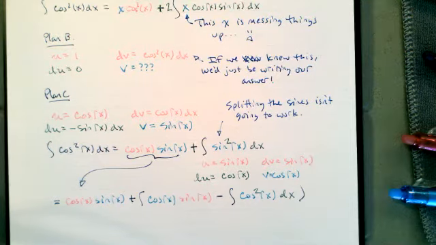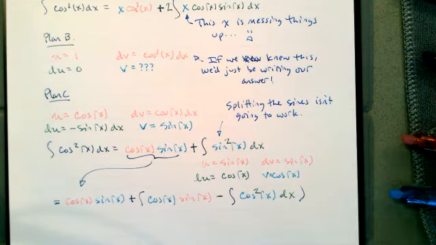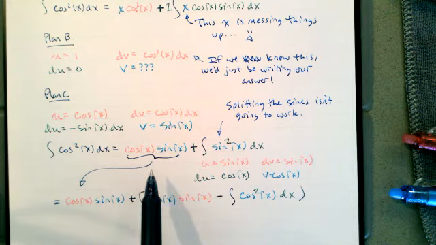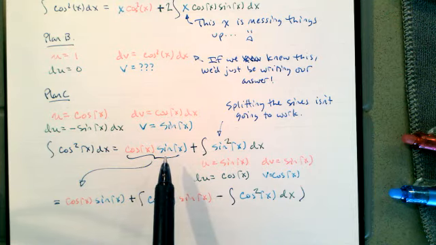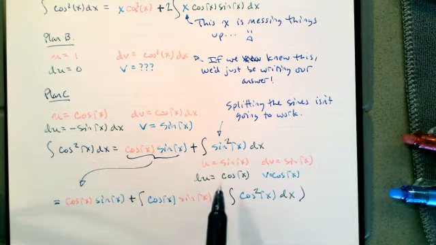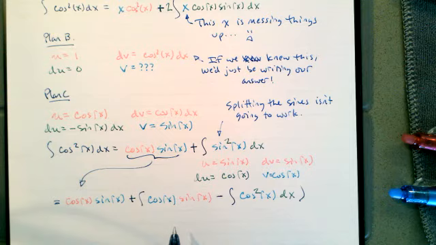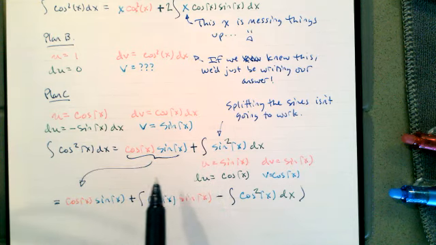So now we see a problem. Because now we got an integral of cosine squared. Now I see a problem. I made a mistake somewhere. I'm glad this mistake got recorded. Can anyone see where I dropped a sign somewhere?